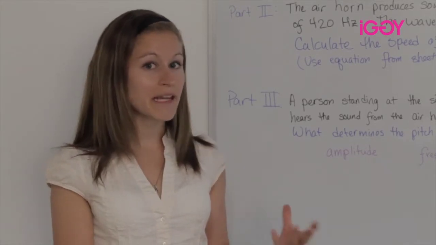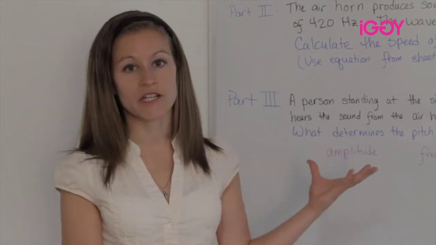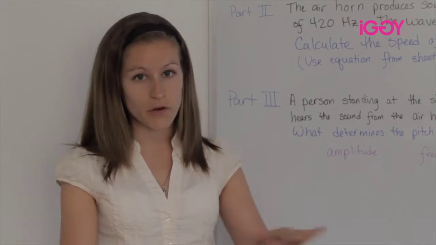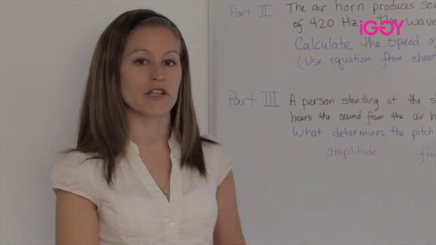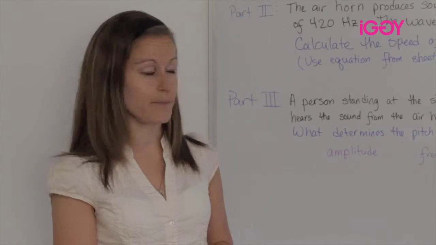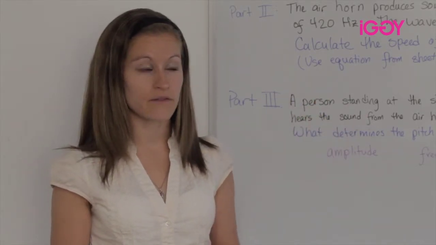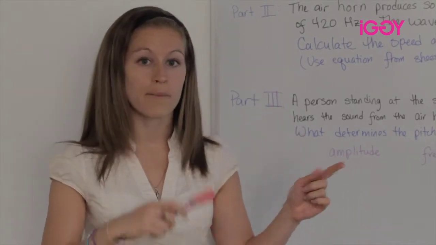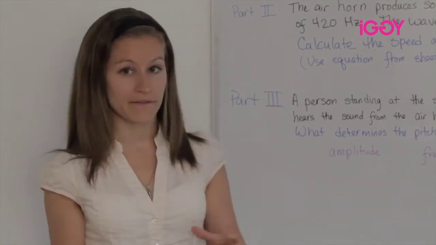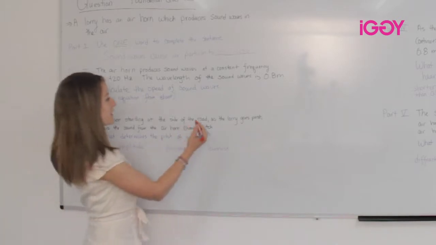This equation should be given to you on the equation sheet included with the exam. So if you don't remember it, that's fine, just make sure you refer to your equation sheet. The equation you need to calculate the speed of a sound wave is just frequency multiplied by the wavelength.